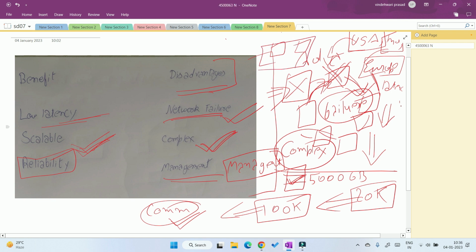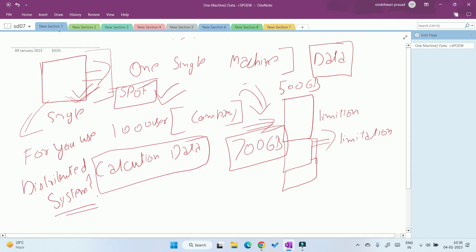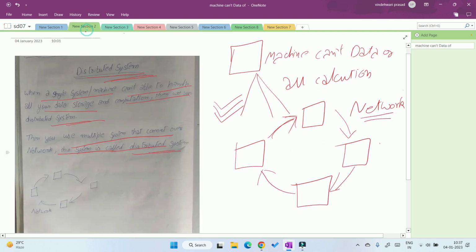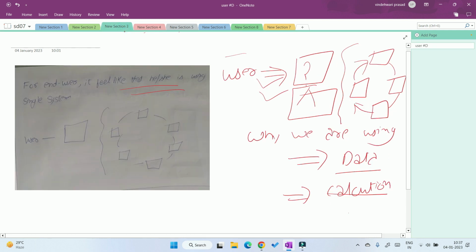So in today's video we discussed that if we have lots of data or a big calculation, we cannot do it on a single machine. We need to use multiple machines, and using multiple machines means using a distributed system, and for the individual it feels like we are using a single machine.